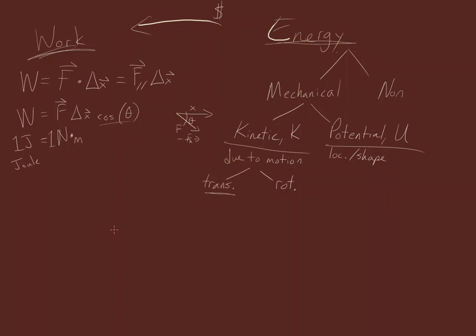Energy at the time of Newton was a pretty new concept, and he kind of saw it as indistinguishable from momentum. So he thought that the kinetic energy in an object was proportional to its speed.